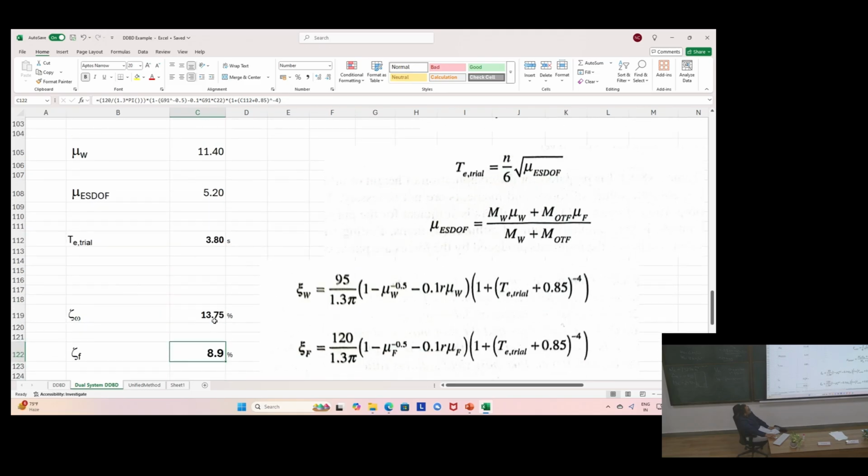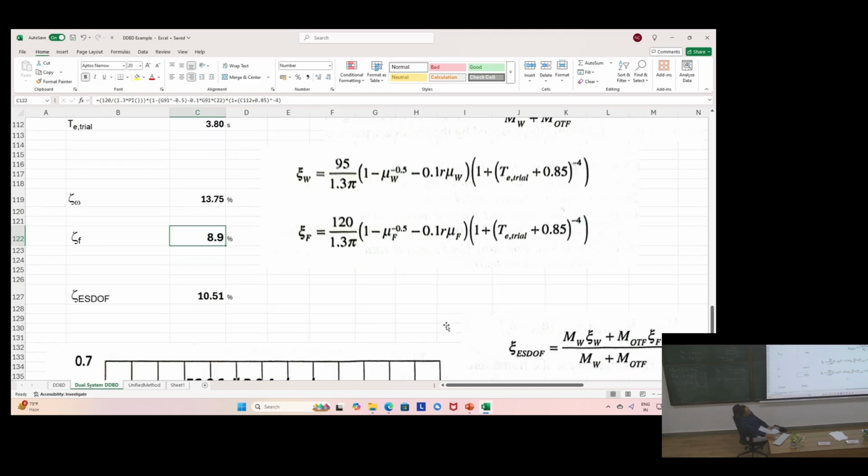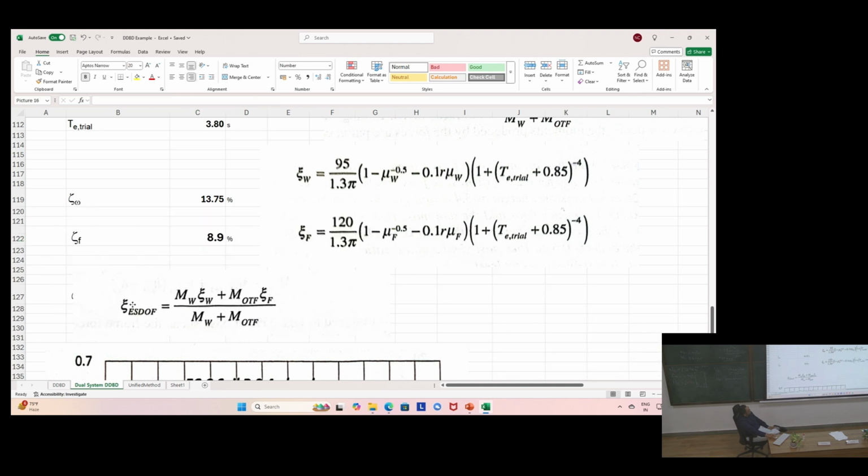9.6. Okay, now xi S-DOF, which is xi of wall, xi of frame, moment of wall, moment of frame.